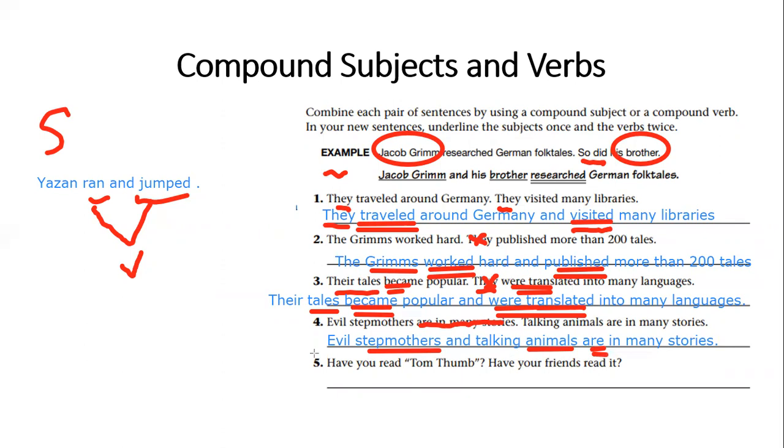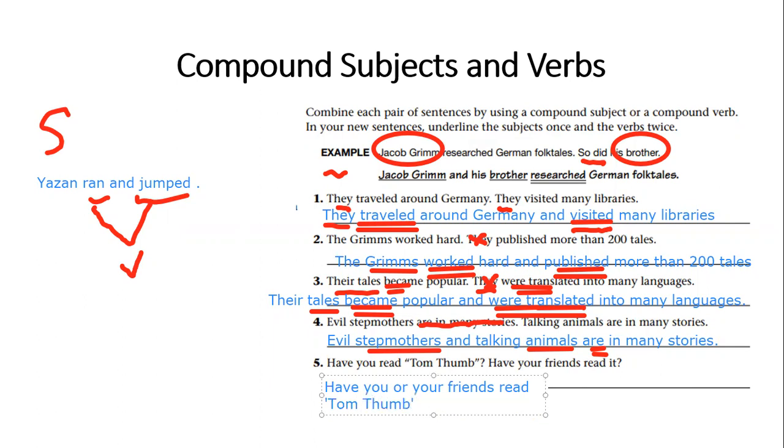Let's go to number 5. Have you read Tom Thumb? Have your friends read it? Okay, so it's a question here that needs to be combined. We need it to be one. So let's see how we're going to connect. I'm going to make it: have you or your friends read Tom Thumb?